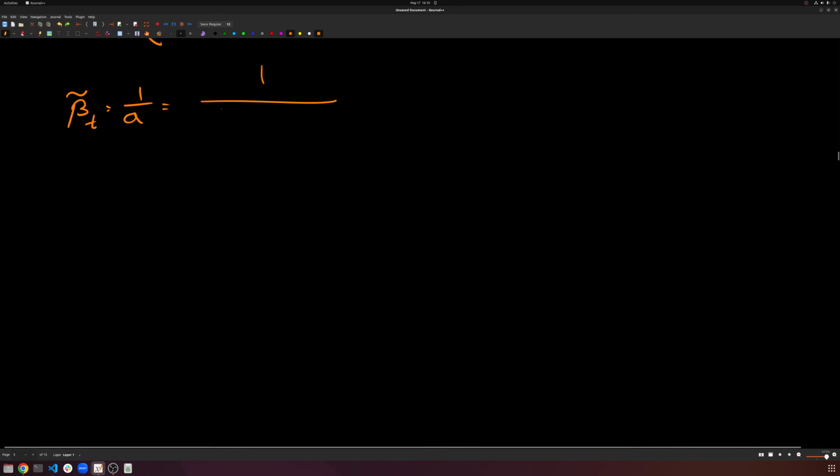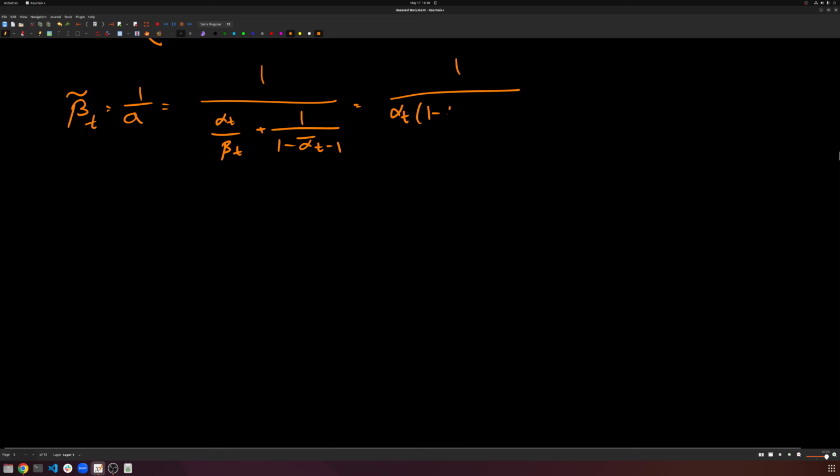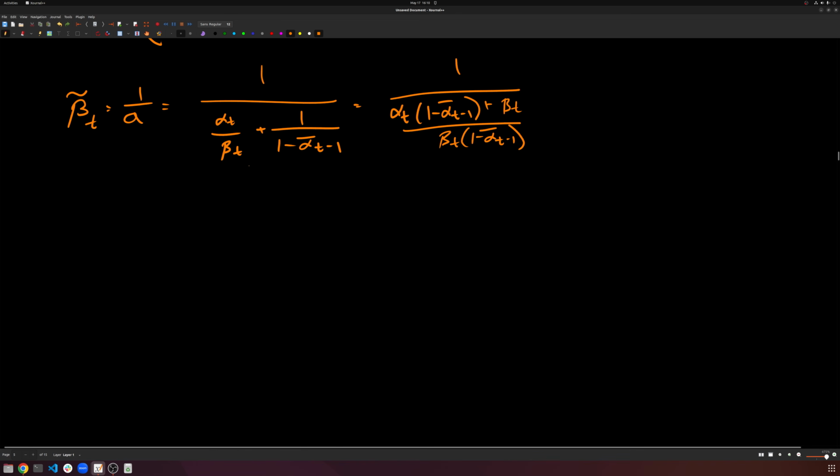So it's going to be alpha t over beta t plus 1 over 1 minus alpha hat t minus 1. That's what we had. To simplify, let's cross multiply. It's alpha t times 1 minus alpha hat t minus 1 plus 1 times beta t, divided by the product of the denominators, beta t times 1 minus alpha hat t minus 1, just adding the fractions together.